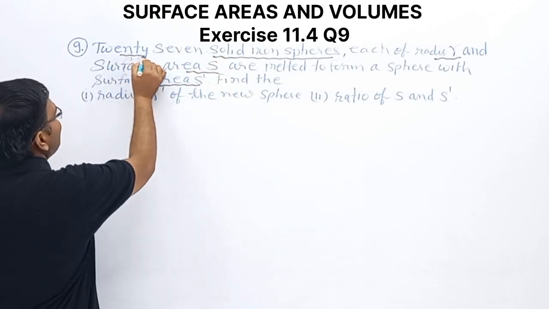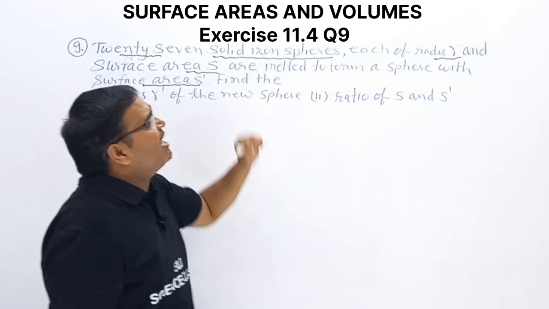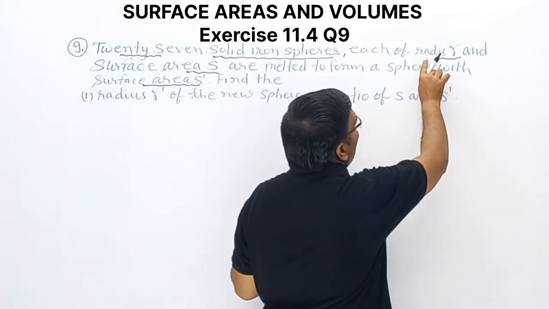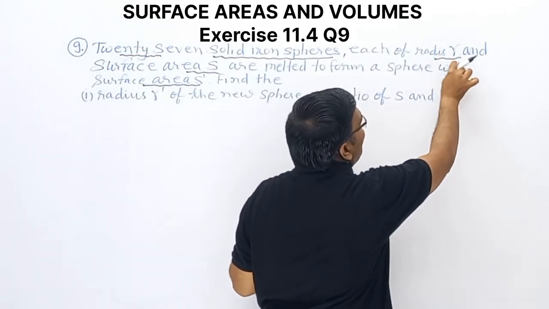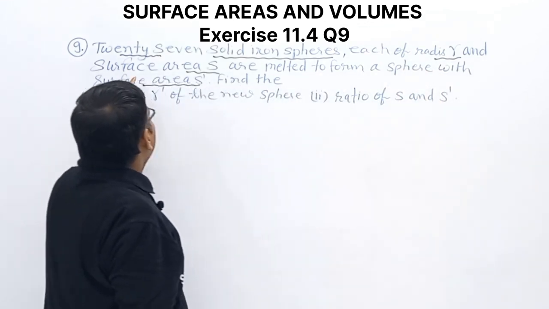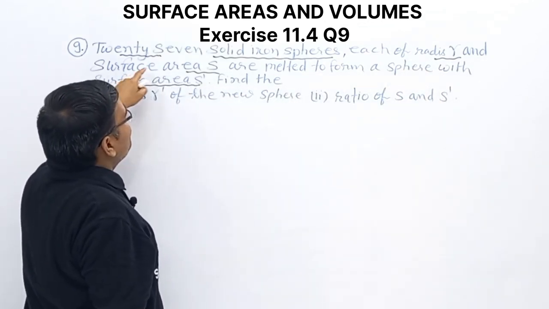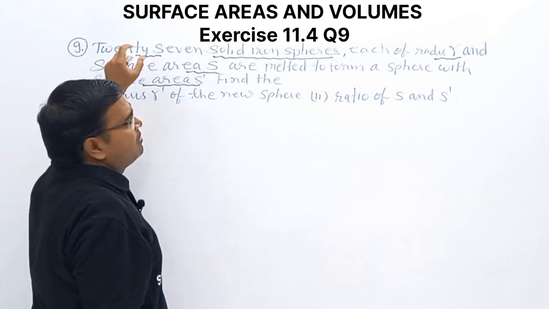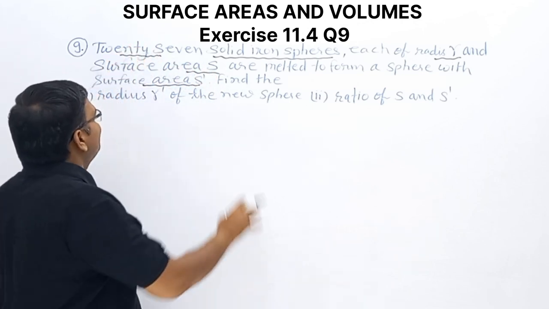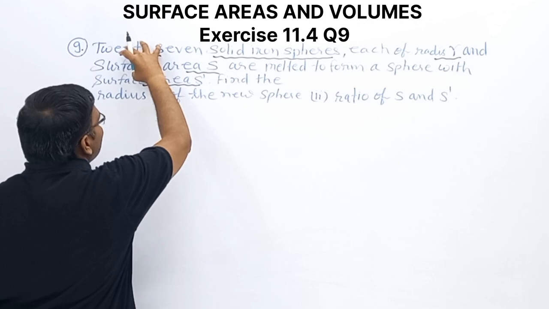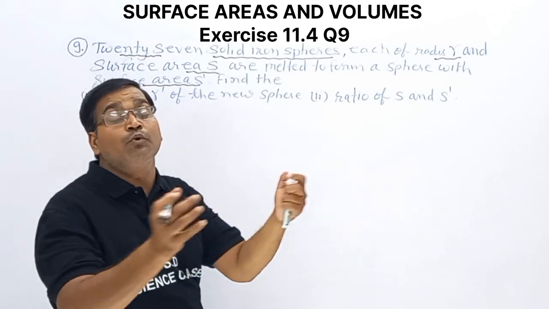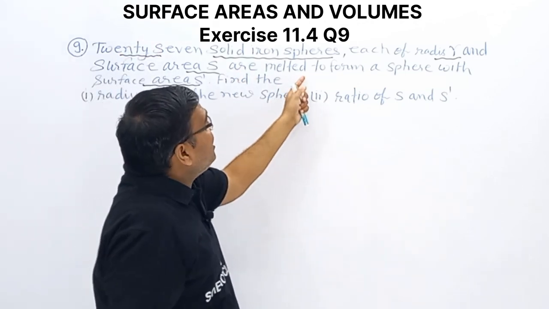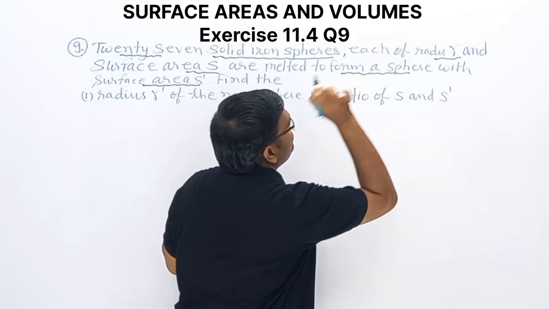We are having 27 spheres, and the radius of a sphere is R, and surface area S. Once we melt these spheres, we are getting a new sphere.